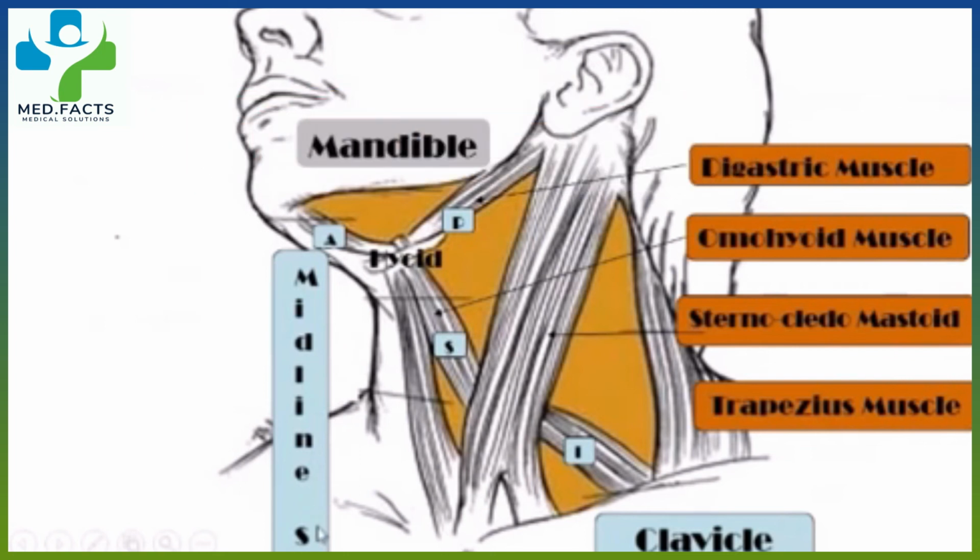We have shown here the midline structures of the neck and the imaginary line drawn from here, and the mandible, hyoid bone and the clavicle are here, and the four muscles: 2 lines, 3 bones and 4 muscles, digastric, omohyoid, then the sternocleidomastoid, then we have the trapezius behind.